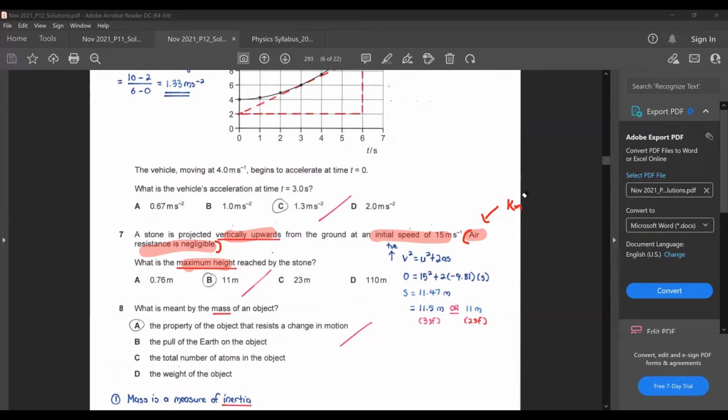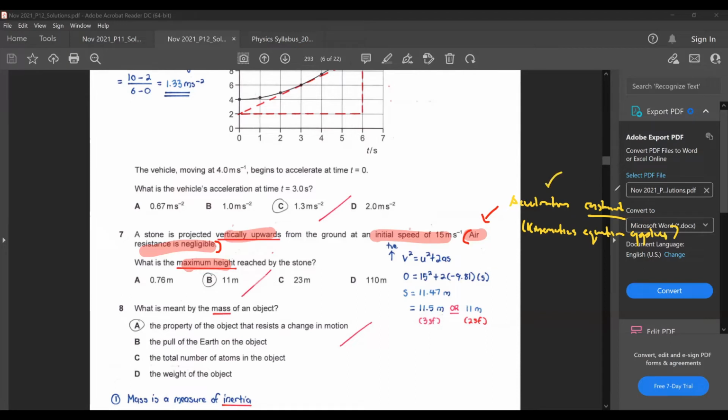Air resistance negligible. This would mean acceleration is constant, kinematics equation applies. Just by the statement air resistance is negligible, you know the acceleration is constant here. So kinematics equation apply.